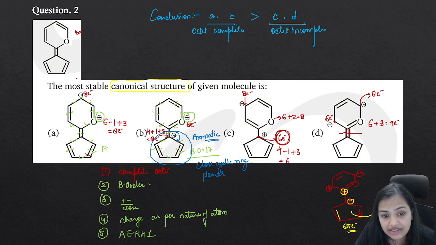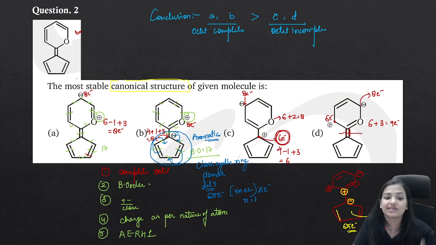Here we can see the complete delocalization of pi electrons. And how many electrons? 6 pi electrons, which follow the Huckel rule, the 4n plus 2 pi electron rule, with n equal to 1.